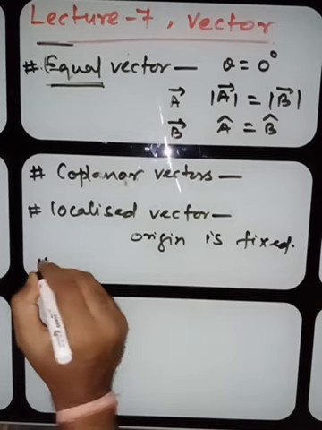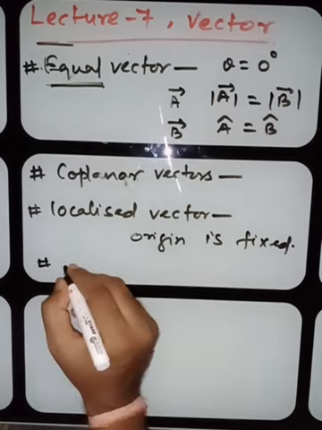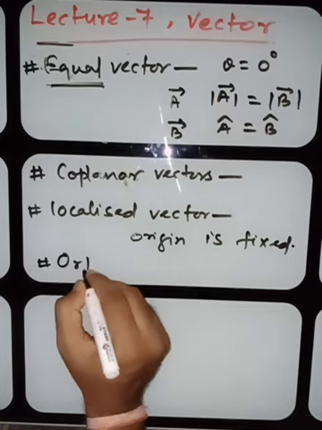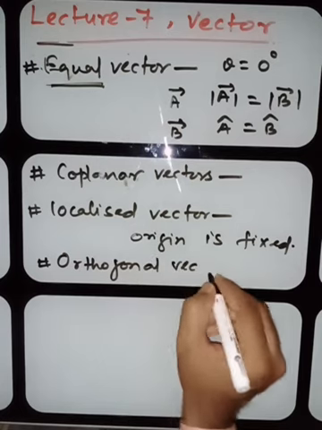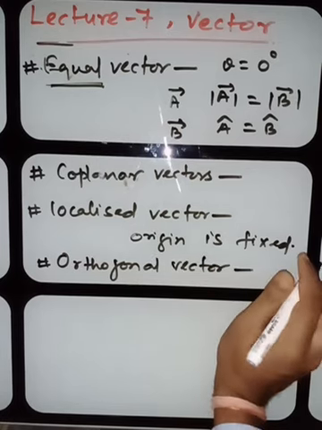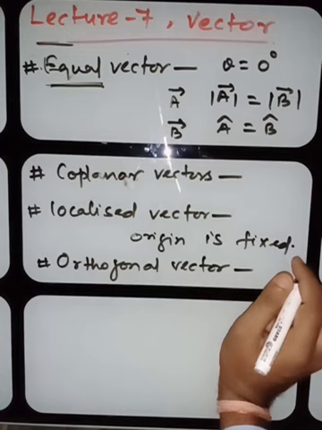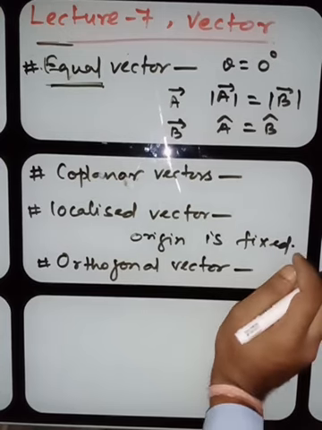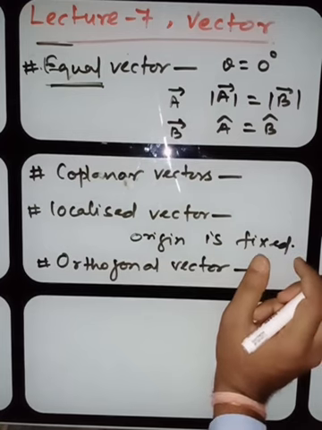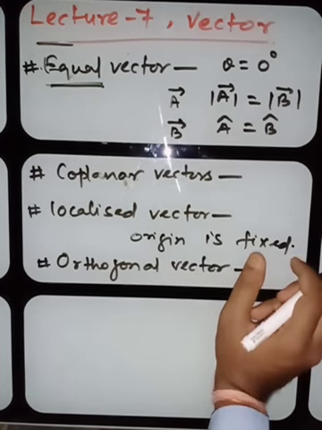Now the next, orthogonal vector. This is very important. You will be asked to find the angle, the magnitude, the direction, etc., but it will be written that it is an orthogonal vector.